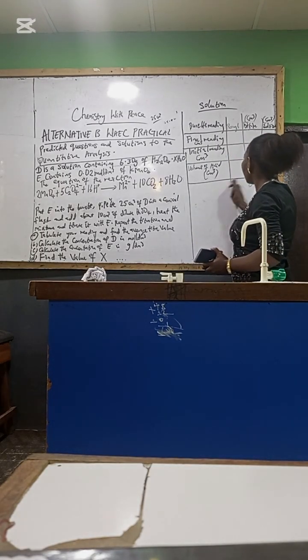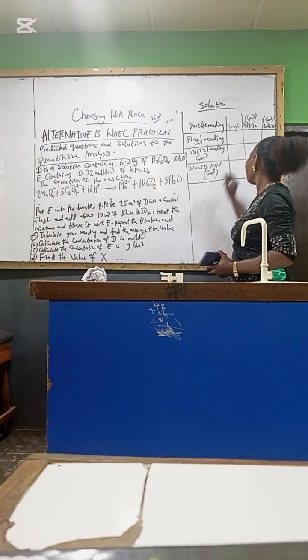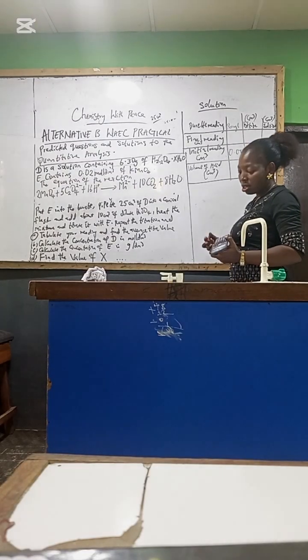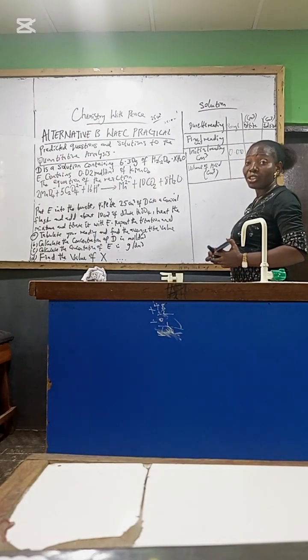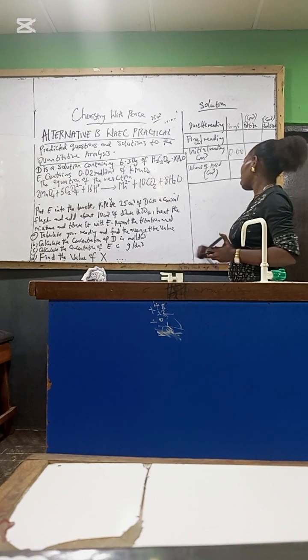Then the initial, that's where you write where you start from. You can start from anywhere. So to me, for the first one, I'm starting at 0.00. Your table must be in 2 decimal places, and also make sure you write the unit centimeter cube.